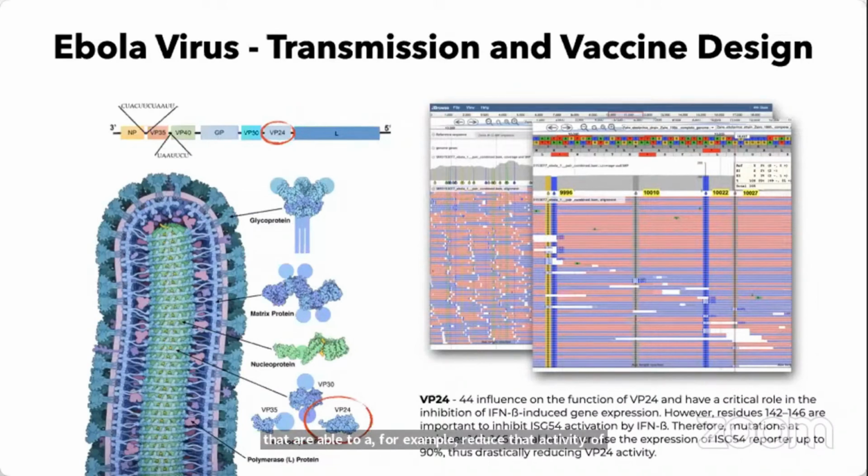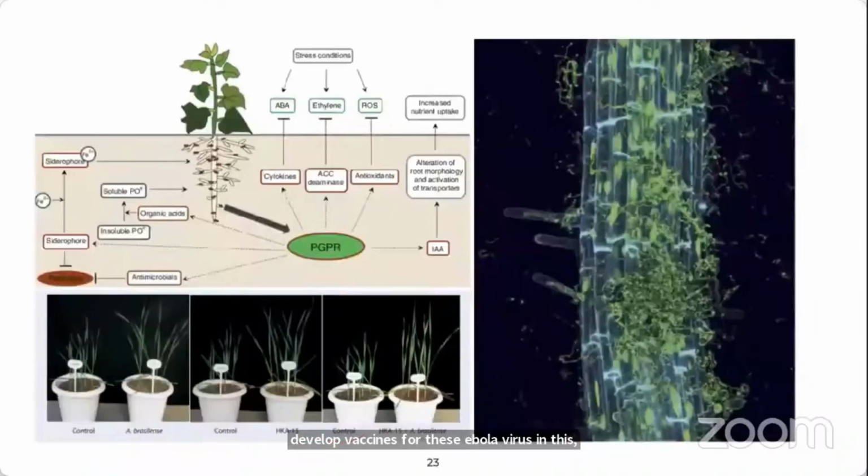So these naturally occurring mutations were one of the starting points that ended up helping us develop vaccines for this Ebola virus in the epidemic of 2014 to 2016. So there are other examples as well.